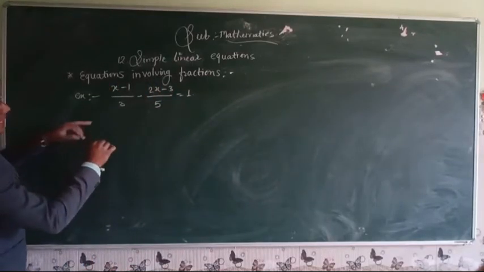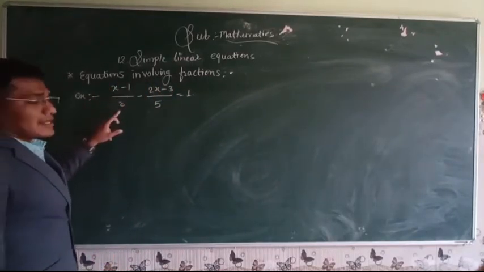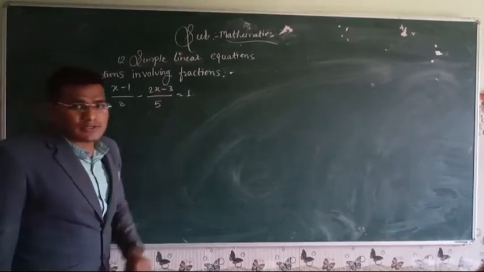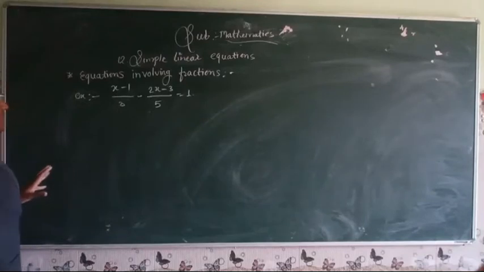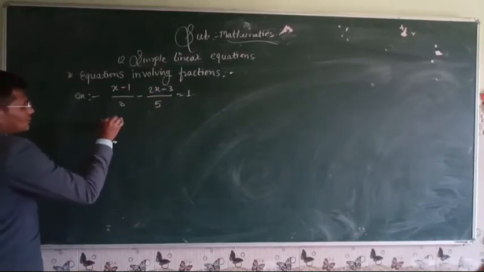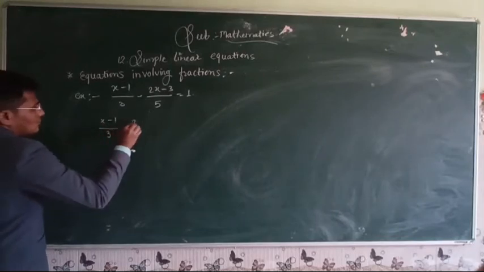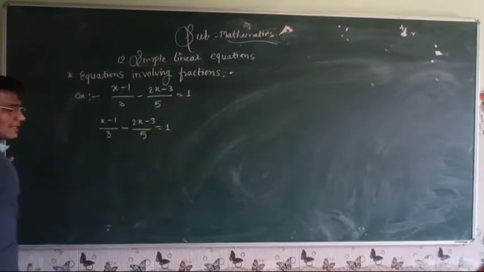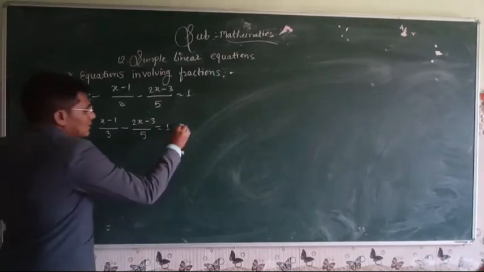So the example is (x minus 1) divided by 3 minus (2x minus 3) divided by 5 is equal to 1. To solve this expression, first of all we will solve these particular terms. I will write that same expression once again.